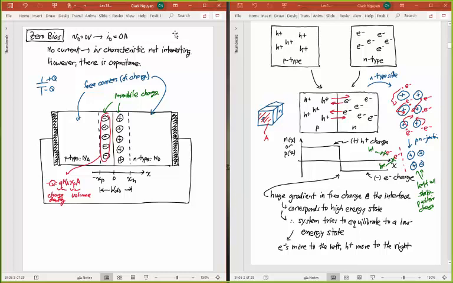And I can do the exact same thing for the n-type side. This is going to be positive charge that I'm going to get. And so I can write that the positive charge on, you can think of it as the positive plate of a capacitor, that's going to be equal to my unit charge times my donor density, which is N sub D, times this distance x sub n, which is not necessarily equal to x sub p.